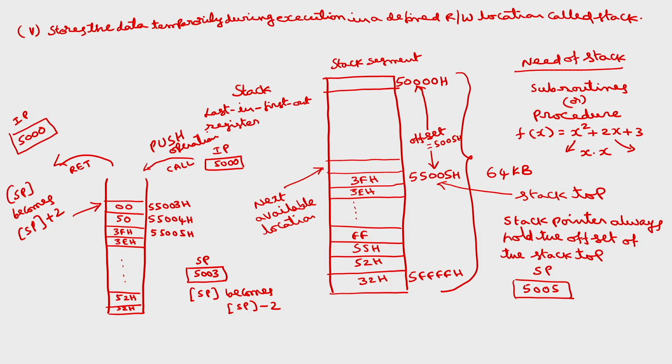While storing, which is called the push operation, the stack pointer becomes stack pointer minus 2, because we are going to save this, and in the pop operation the stack pointer becomes SP plus 2. I will discuss this in detail while discussing the push and pop instructions of 8086. This is the fifth operation that will be performed. These are the 5 operations that take place inside the microprocessor, which are called internal data operations.